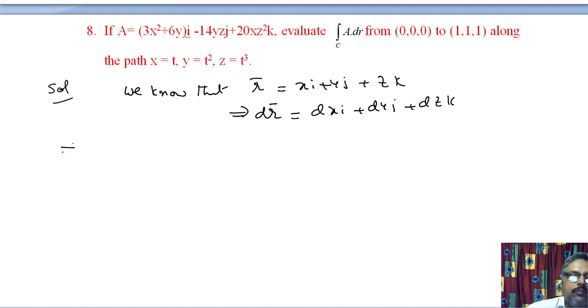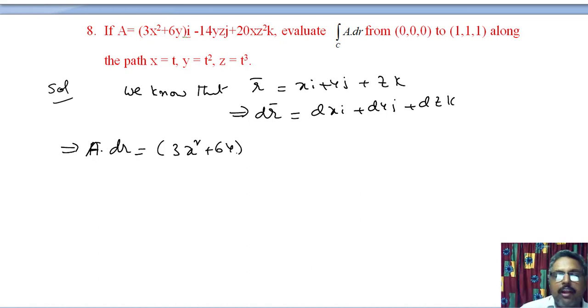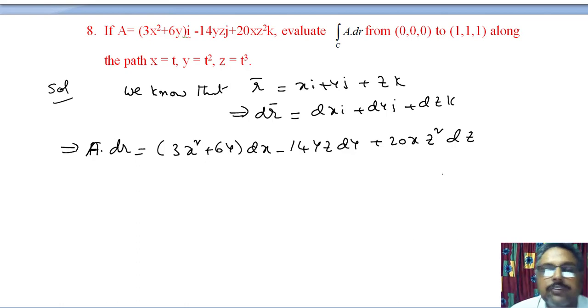Okay, fine. Now, what is the given curve? The given curve in parametric form is x equals t, y equals t², z equals t³. Now what about the dx values? dx equals dt, dy equals 2t dt, and dz equals 3t² dt.